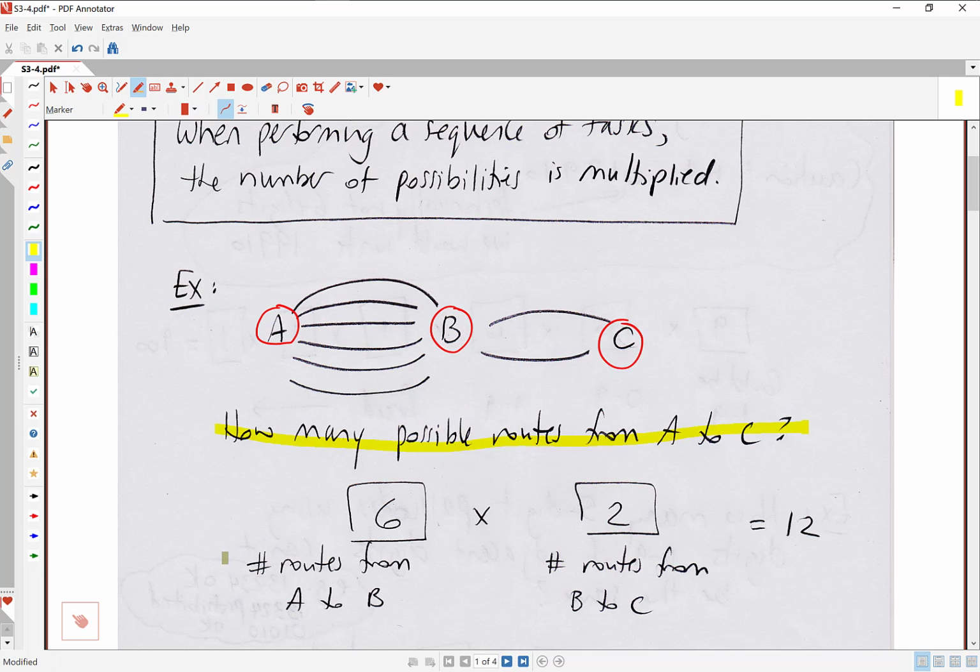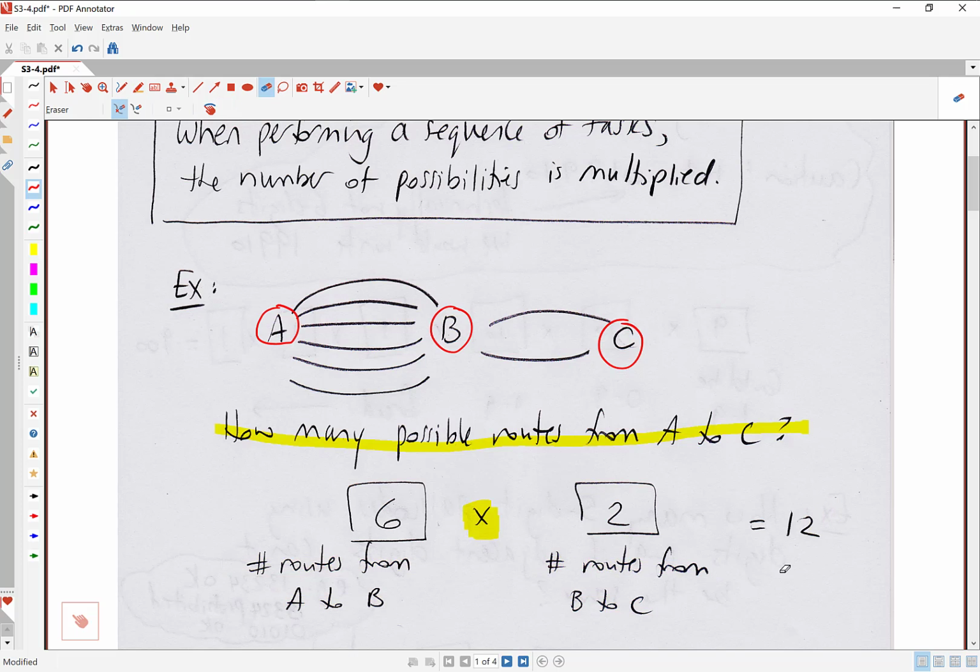So to calculate this, we're first going to calculate the number of routes from A to B, and then the multiplication principle tells us to multiply by the number of routes from B to C. So you calculate the number of ways to do the first thing, and then multiply that by the number of ways to make the second choice. So in this case, the answer would be 6 times 2 equals 12. 12 possible routes from A to C.